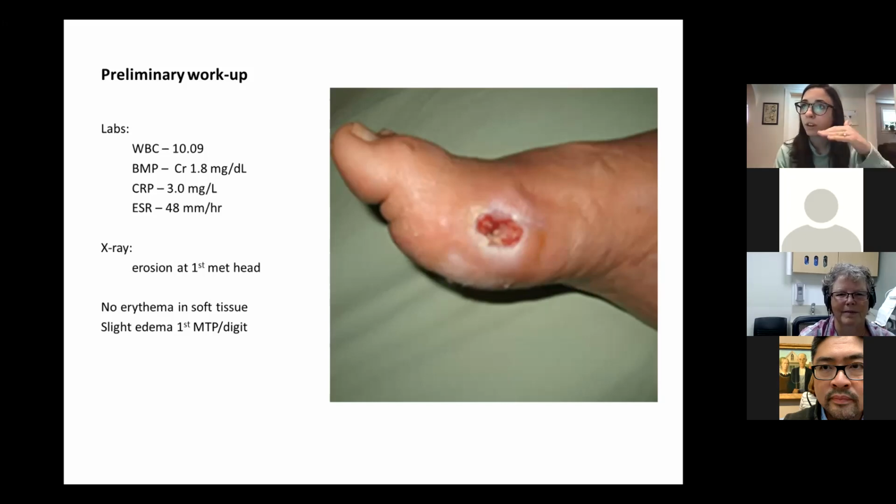Where is your level of suspicion where you might jump to doing labs and imaging earlier for patients? Any comment on that? So that's a great question, because inflammatory block is a very real thing. You can have inflammatory block just from poorly controlled diabetes. It doesn't have to be other reasons for the patient to be immune compromised. When I see a wound like this, I check labs and x-rays.